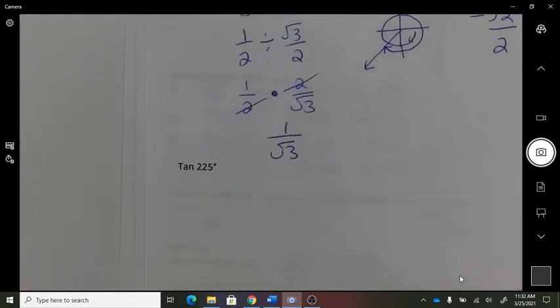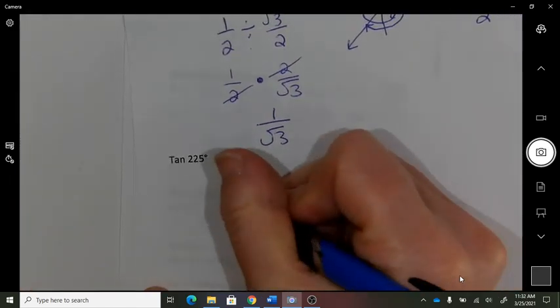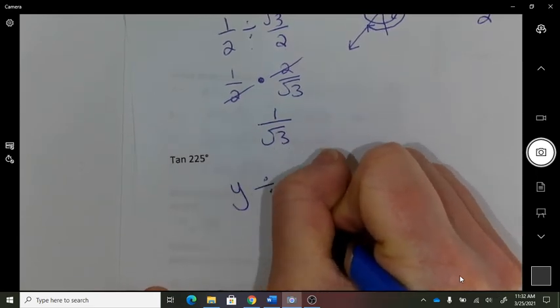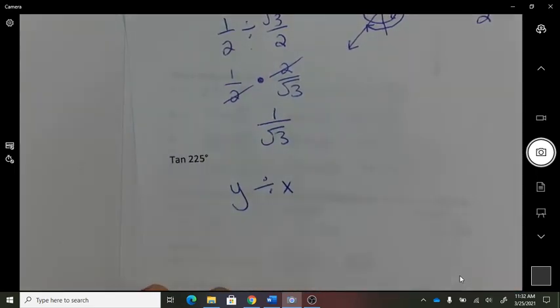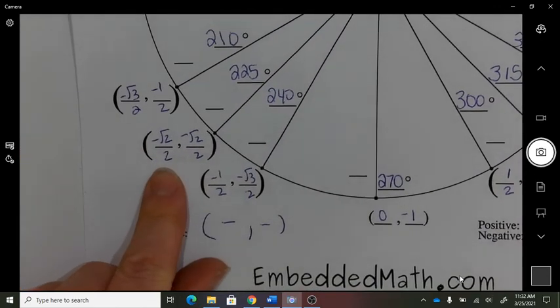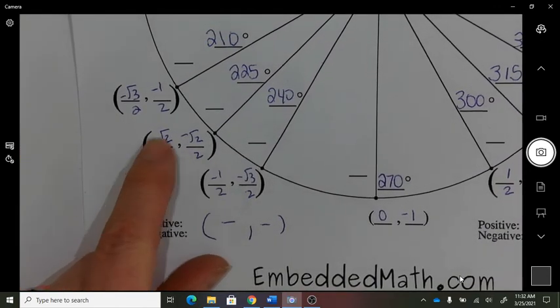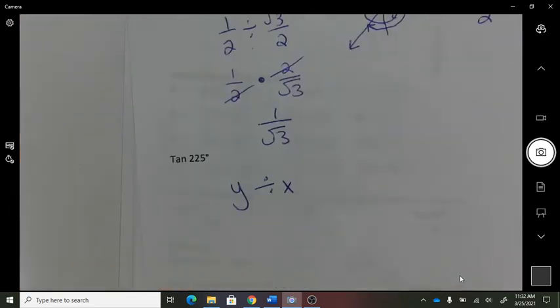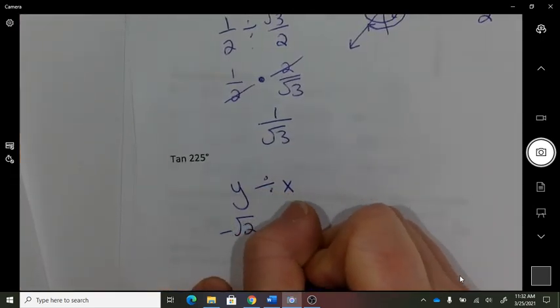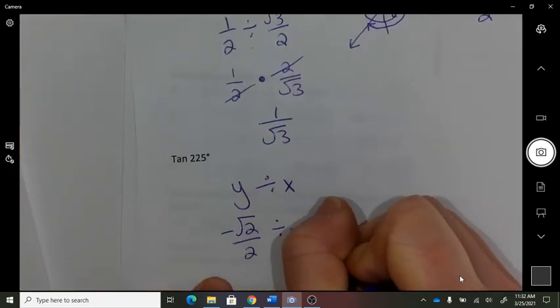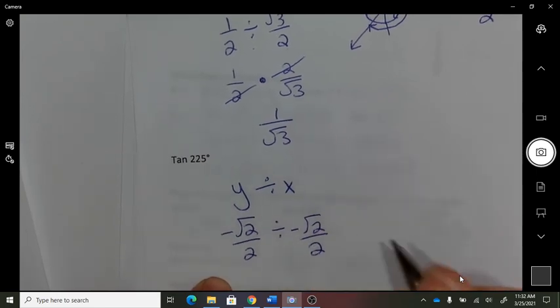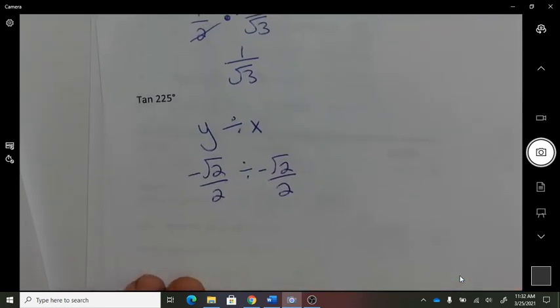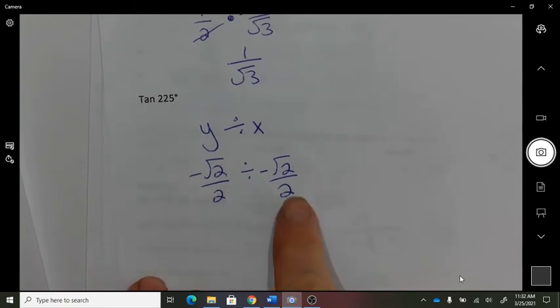Okay, last one. Tan of 225. So the y divided by the x is the tan formula. So I'm going to go to 225, and this is the y, and this is the x. So y divided by the x. Okay, I'm noticing something here. This is the same number as that.